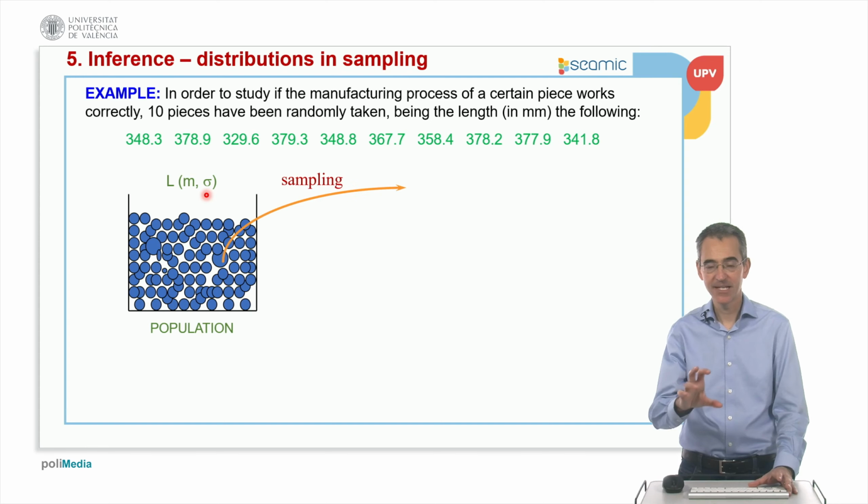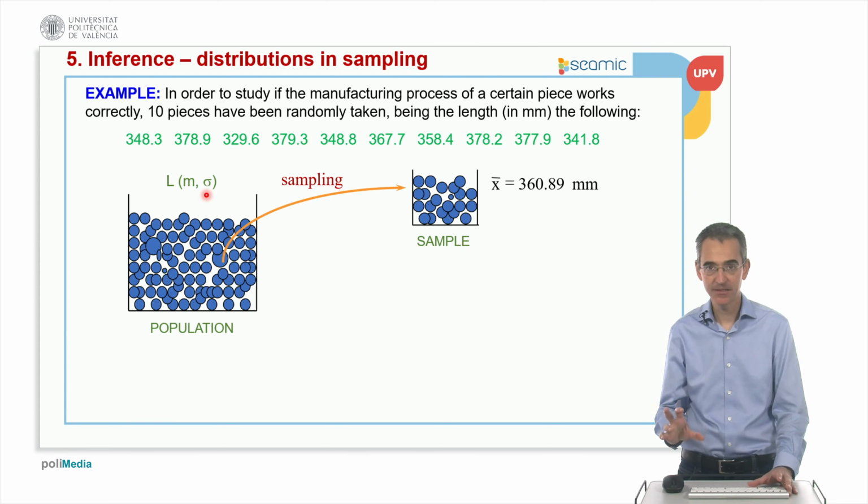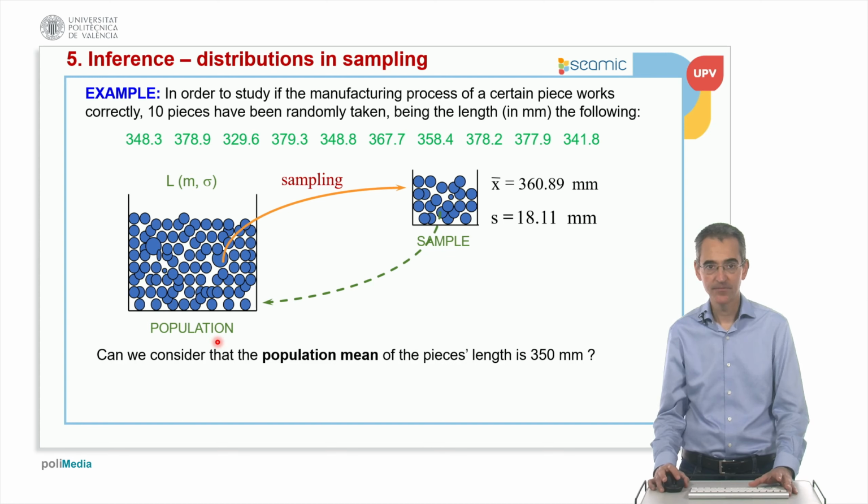Then we take a sample of 10 elements, and imagine that the average of these 10 values is 360.89, and the standard deviation for these values is 18.11. So based on this information, what can we say about the population? Well, there are different questions that we will try to answer in the following videos.